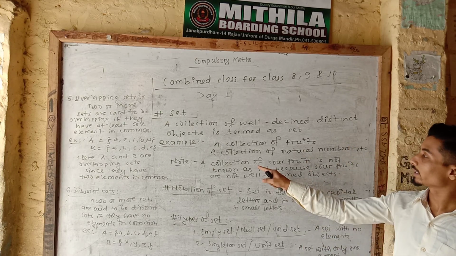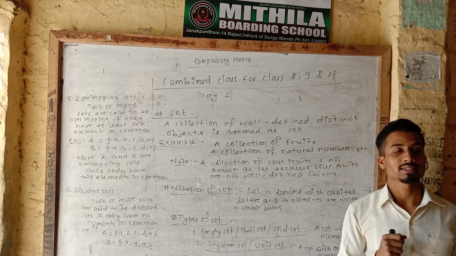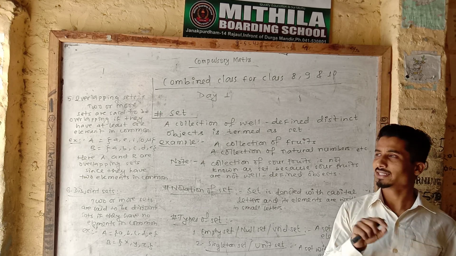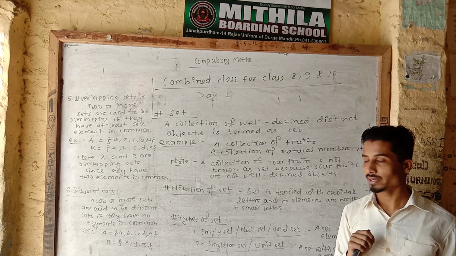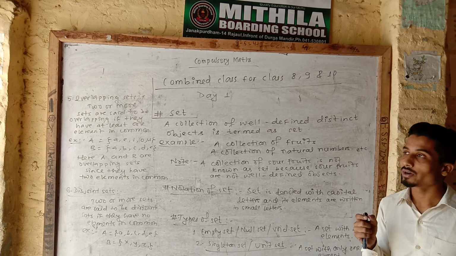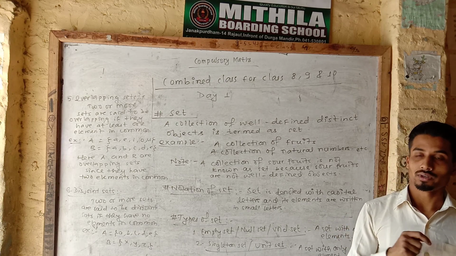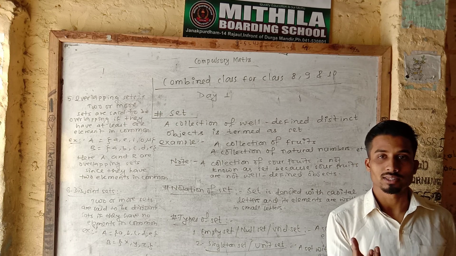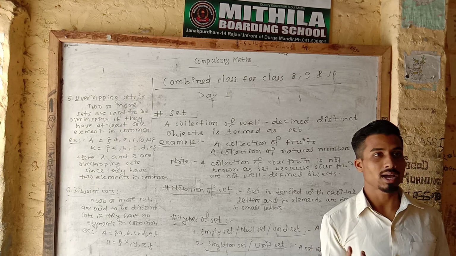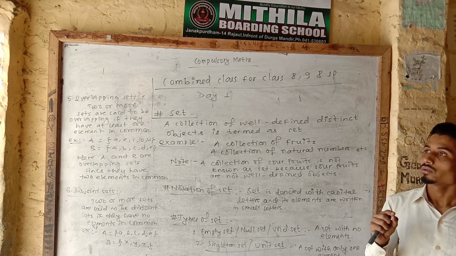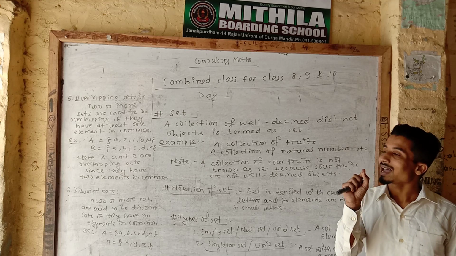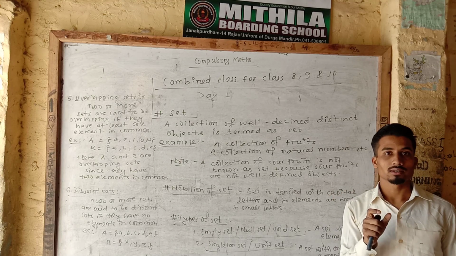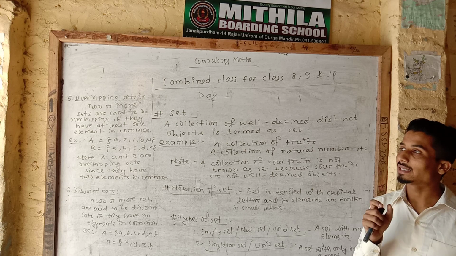But if we consider the collection of sour fruits, or the collection of sweet fruits, these examples are not termed as sets. Take mango: some people taste mango as sweet, some people taste mango as sour. So this mango is either sour or sweet, and we cannot distinguish.